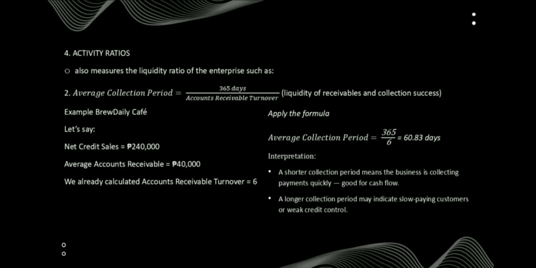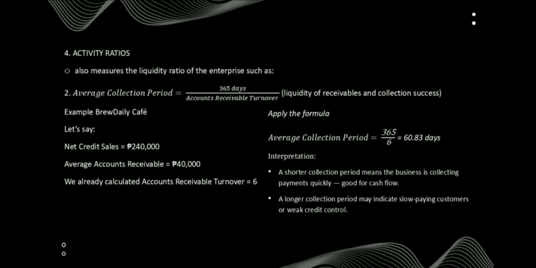Average collection period. This shows how many days on average it takes a business to collect payments from its credit customers. This ratio tells us how quickly a company turns its credit sales into cash. It complements the accounts receivable turnover ratio by expressing it in terms of days.